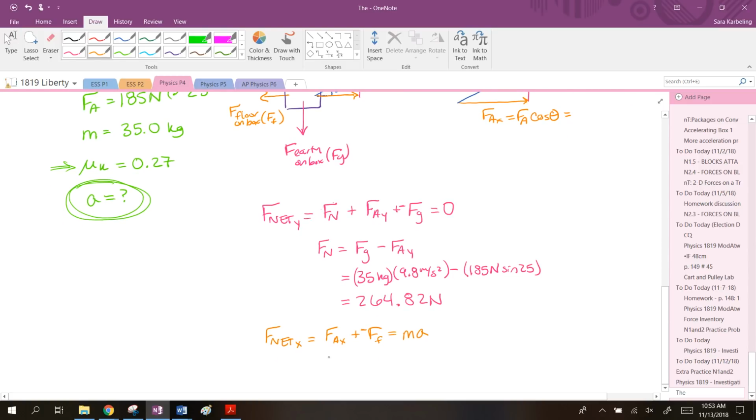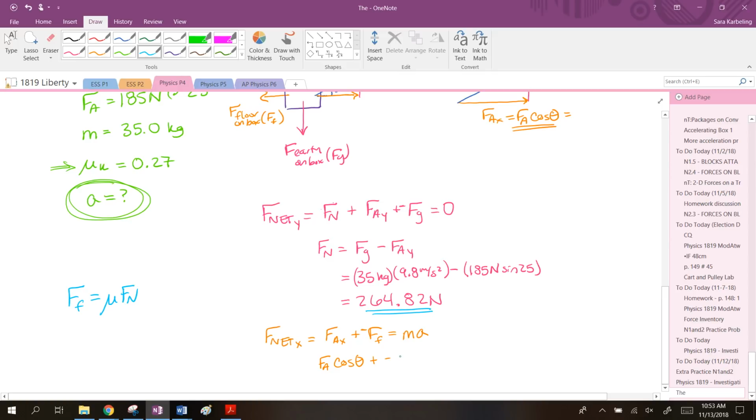So I know Fax, that's going to be Fa times the cosine of theta. That's what I got way up here. And then I've got to figure out what my FF is. Now, I don't know what FF is for sure, but I recall from the conversation we just had that FF is equal to mu times Fn. So part of the reason I did this was to find my Fn.